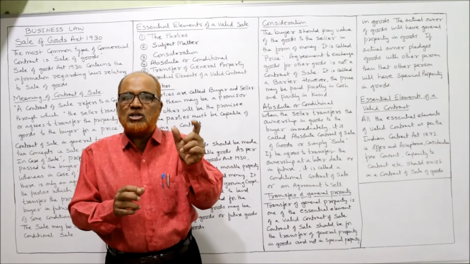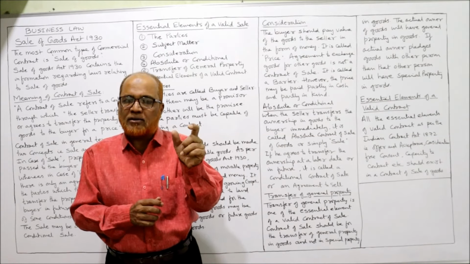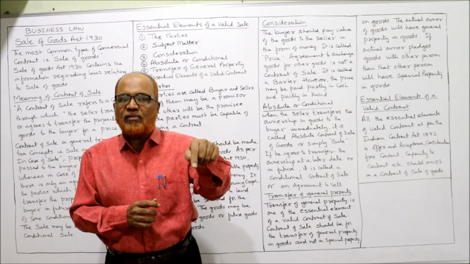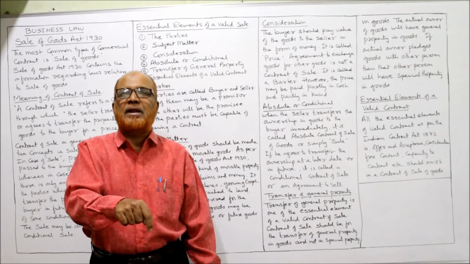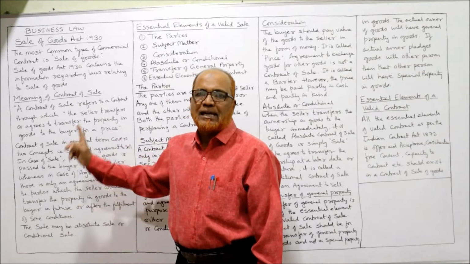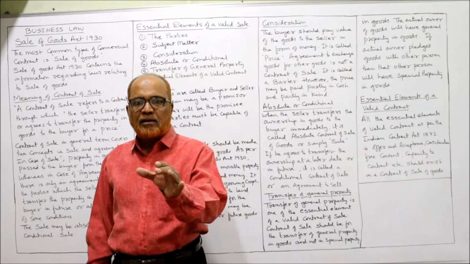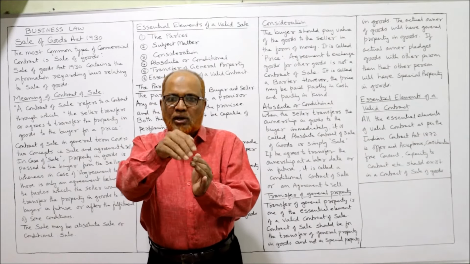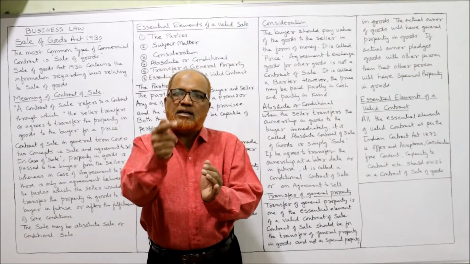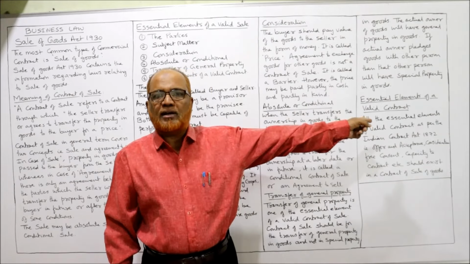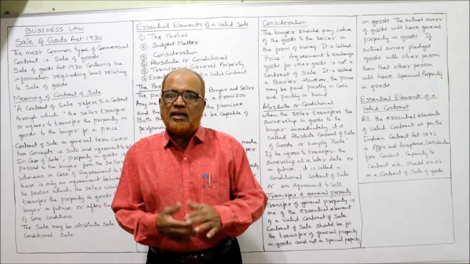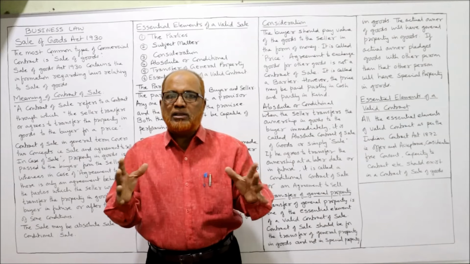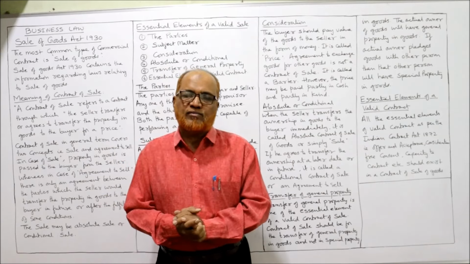All these are the essential elements of a valid contract. Those essential elements must be present in the contract of sale, because a contract of sale is also a contract. It must have offer, acceptance, consideration, capacity of parties and free consent.